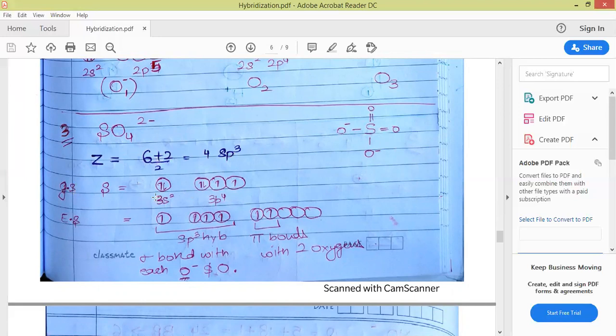So we'll write the ground state electronic configuration, then the excited state. In the ground state, there are 2 unpaired electrons, but we need to form 4 sigma bonds. So we need to promote, and also we do not need any of the lone pairs.